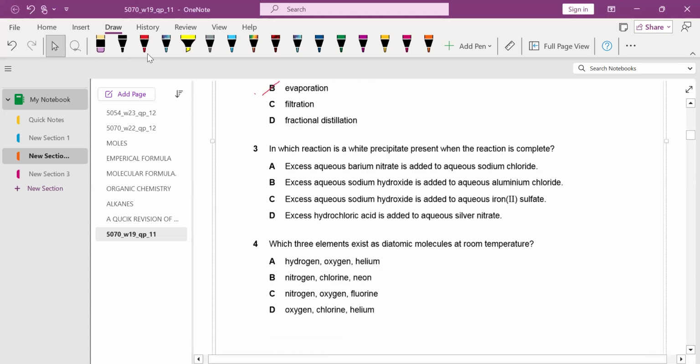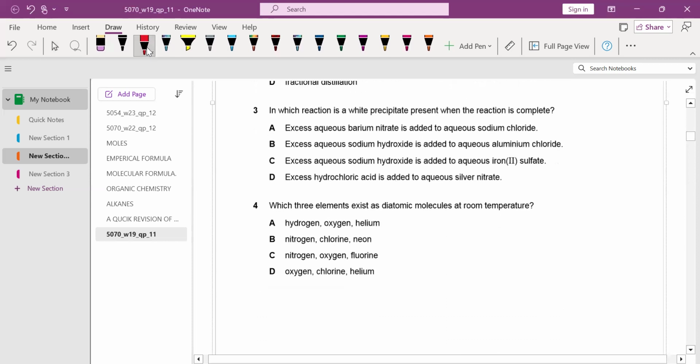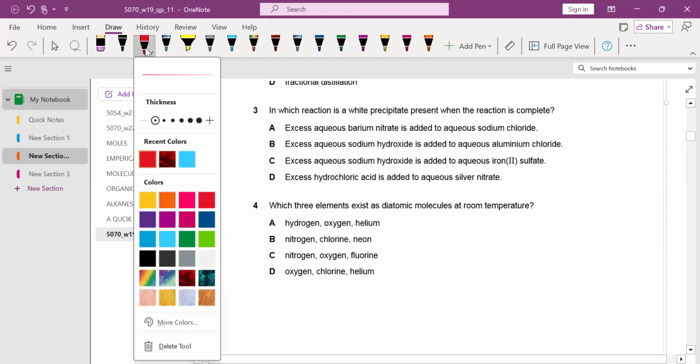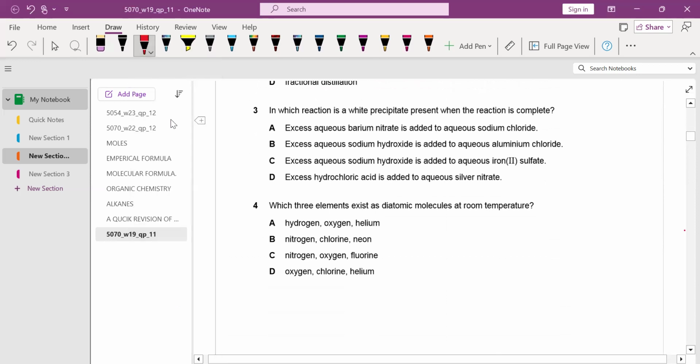Question number 3. In which reaction is a white precipitate present when the reaction is complete? So let's read out the options.